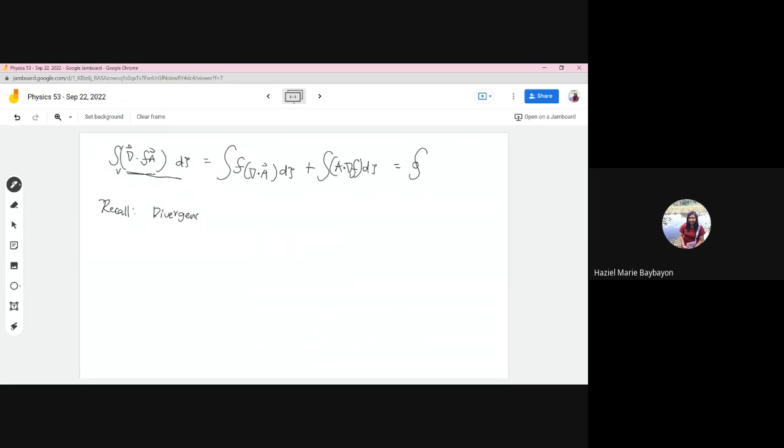According to the divergence theorem, the volume integral of the divergence of v d tau is just equal to the surface integral of v dot dA. So in this case, ang ato ang v, class, kay kini si f times a. So naa kay f times a dot dA. Okay? So kini siya is just equal to this one.